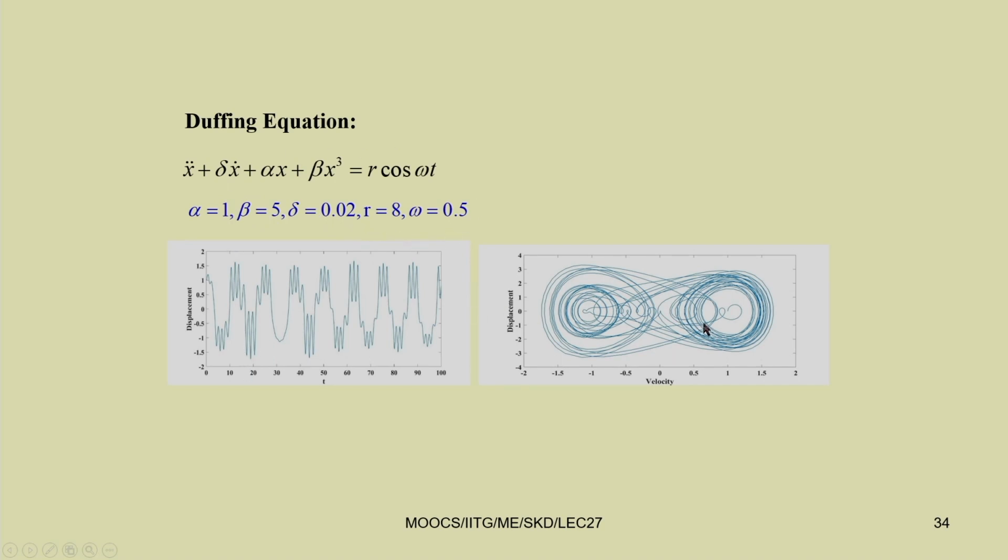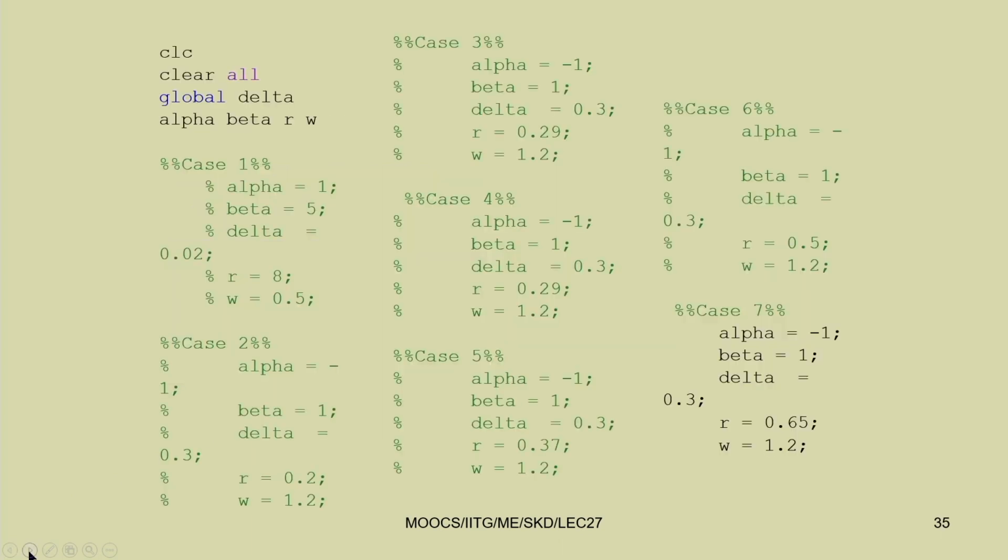These are the curves one can obtain, and clearly you can see the response to be chaotic. You have already seen the fixed point response for some values. For some values you can have a periodic response, some quasi-periodic, and some chaotic response.